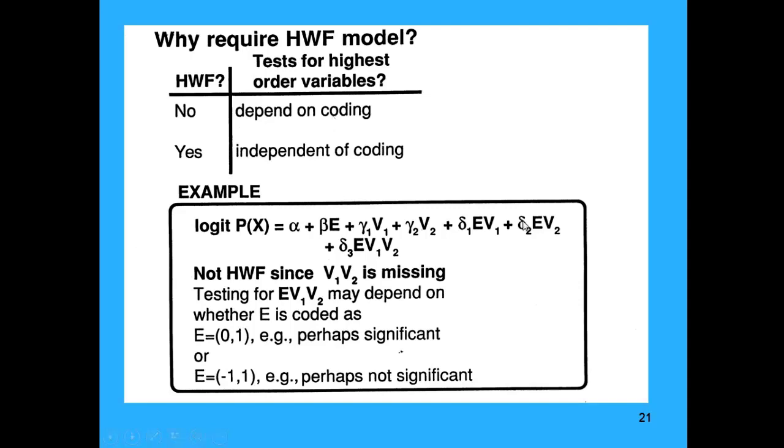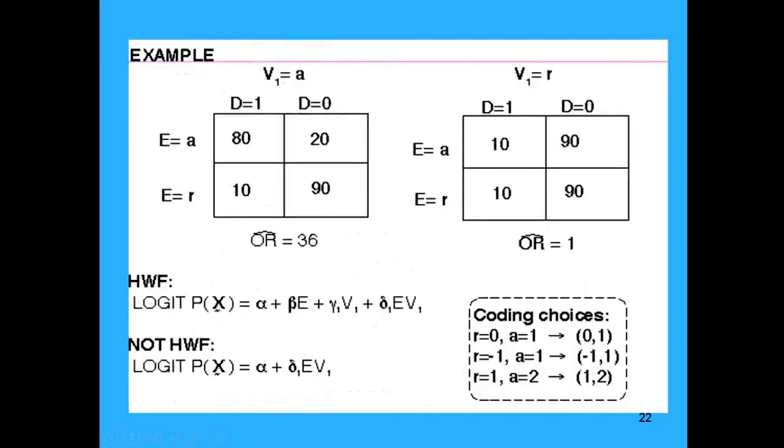Coding means how you're defining the variables E, V1, and V2. So let's illustrate that with an example. Here's a situation. I've got an E variable, a D variable, and a V1 variable. Now, if you look at this data, in this case, D is 1, 0.